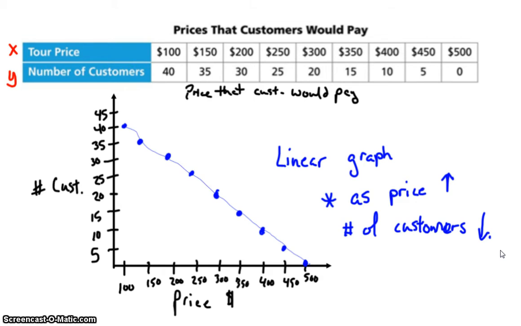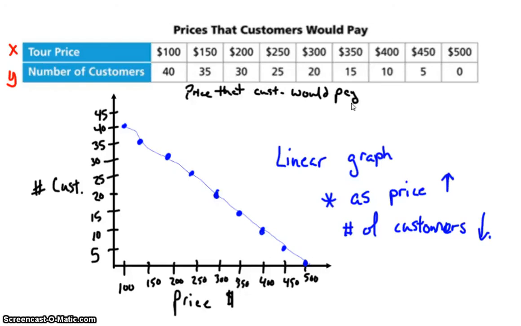So we could add another column to this, and we could figure up our income based on this. But here's a question I want to pose as we close out our video: what do you think our graph would look like if we added a column or row for income onto our table?